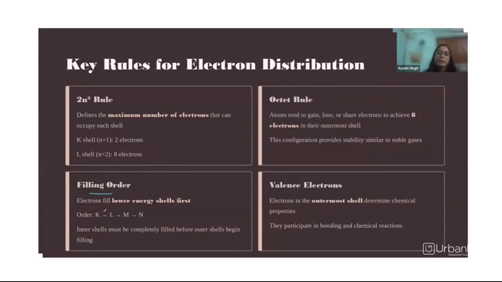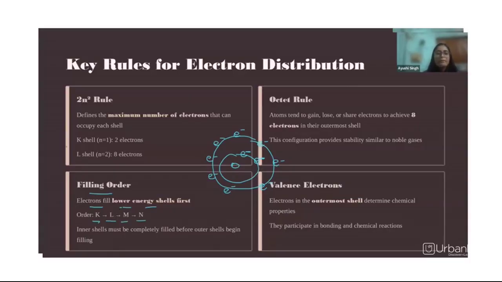Now, filling order: how the electrons are filled. Electrons fill the lower energy shell first, like we discussed. This will be filled first, with 2 electrons here. Then this will be filled with 8 electrons, like this, and then another shell. So K will be filled first, then shell L, then M shell, and then N shell.